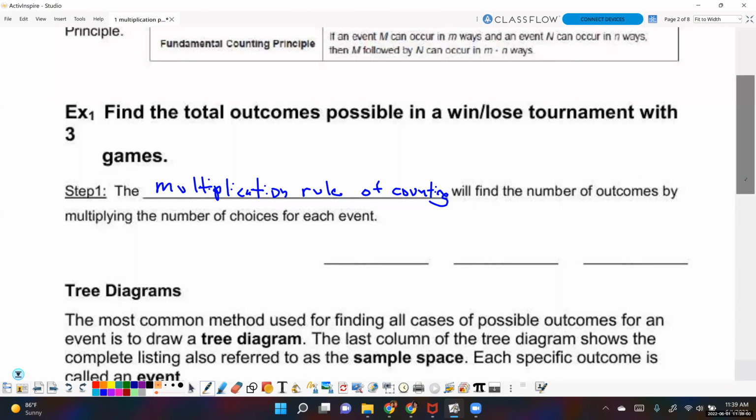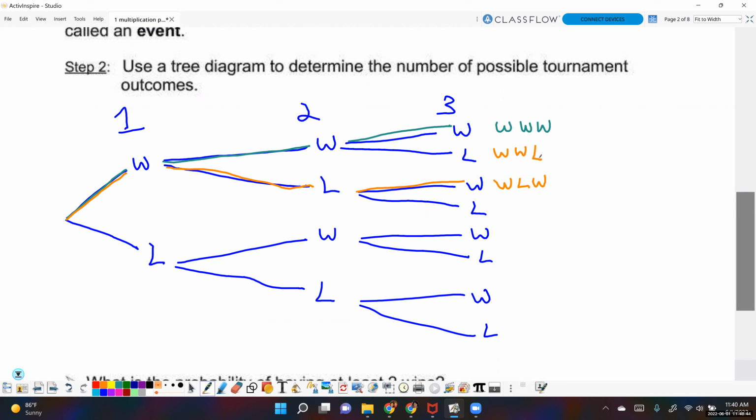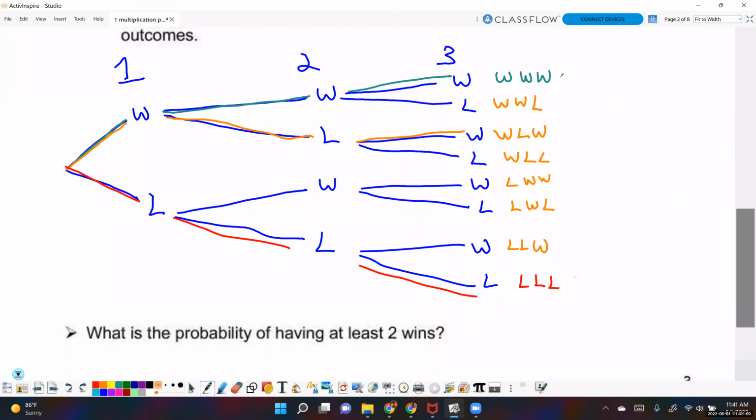And again, I'm just following my eyes. I'm just going lose, lose. And then if I come down to the very bottom, there's the 3 losses. Okay. So those are the 1, 2, 3, 4, 5, 6, 7, 8 possible outcomes for the tournament.